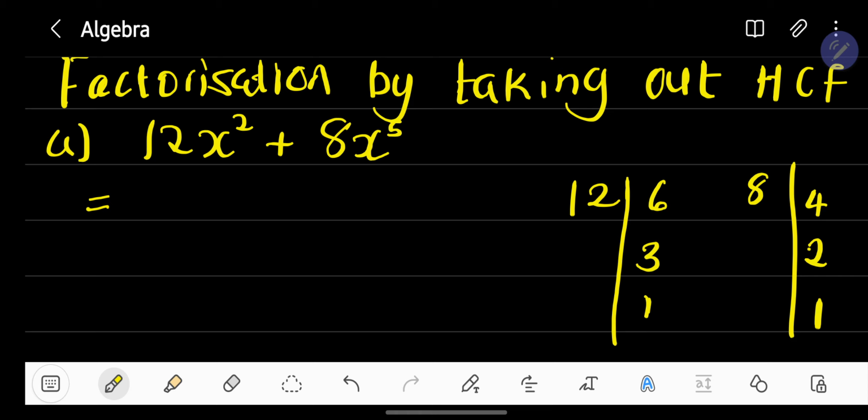So the factors for 8 are 1, 2 and 4, right?